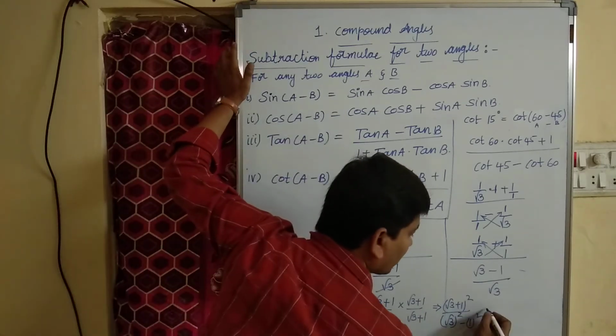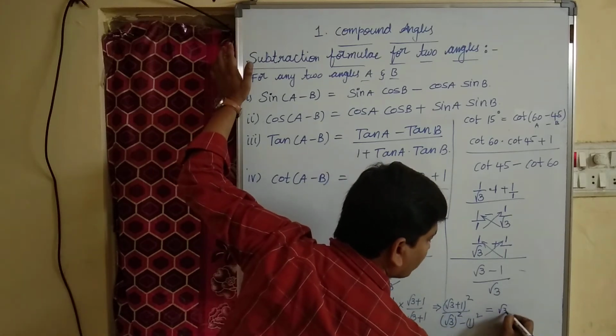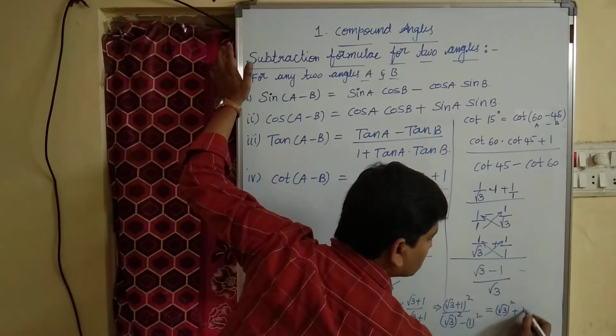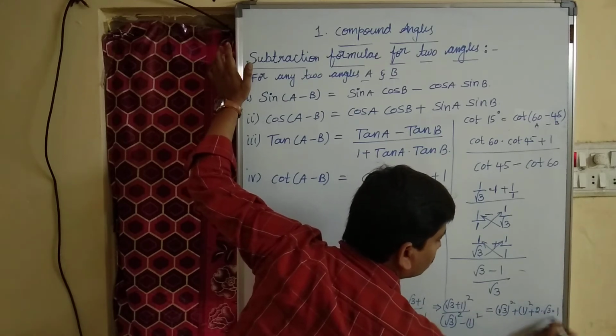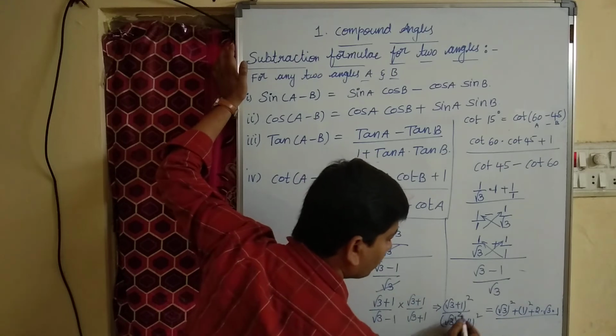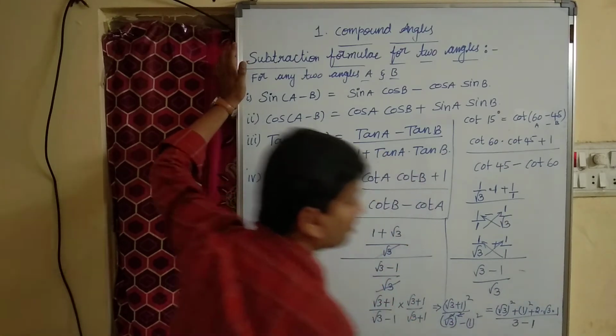Right? Now again the numerator is in the form of a plus b whole square: a square plus b square plus 2 into a into b, divided by square root cancel 3 minus 1, and 1 square is nothing but 1.